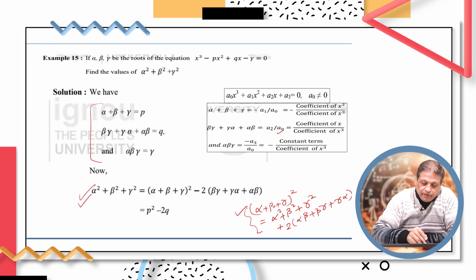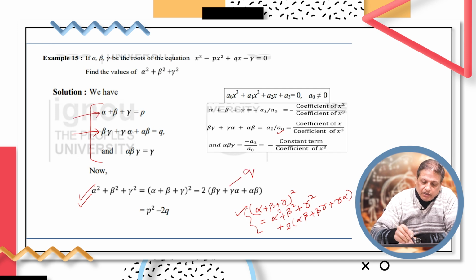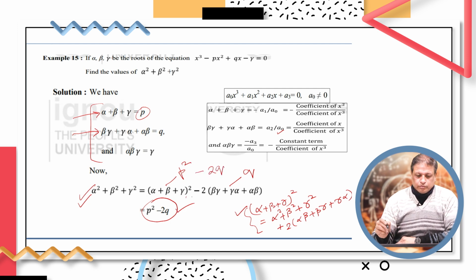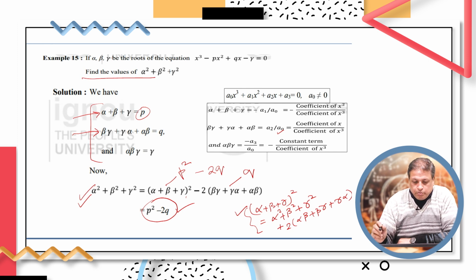And we know that alpha beta plus beta gamma plus gamma alpha is nothing but q, and alpha plus beta plus gamma is nothing but p. So this turns out to be p square minus 2q. So we found the value of alpha square plus beta square plus gamma square by using these identities.